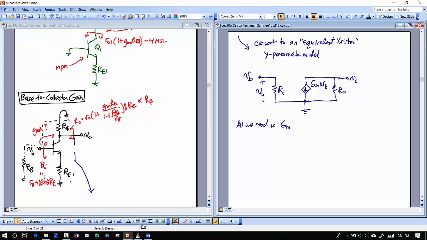So all we need now is capital GM, which by definition we call the short circuit transconductance. And that short circuit transconductance, GM, equation-wise, is equal to IC over that VB that I have with my collector shorted.